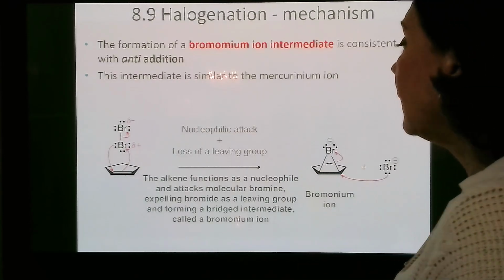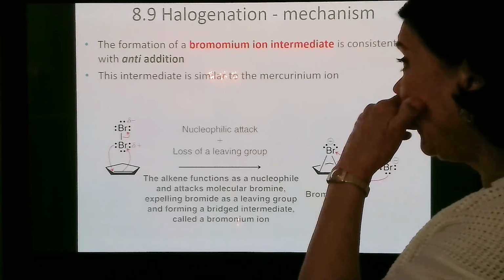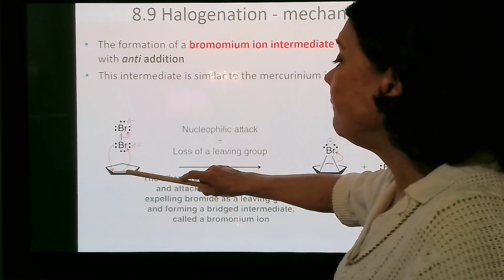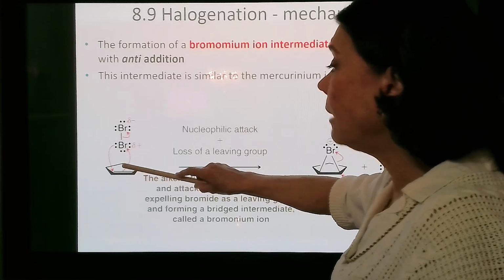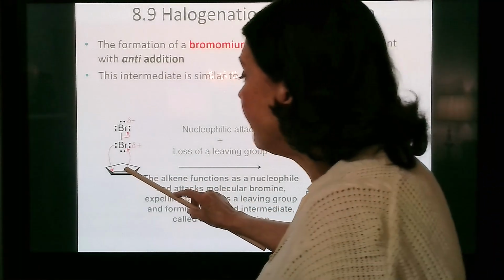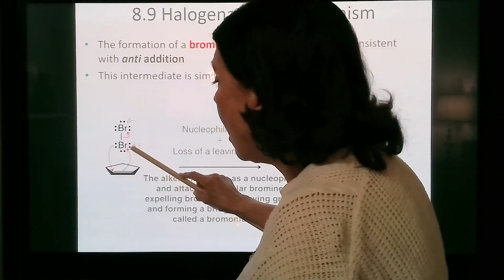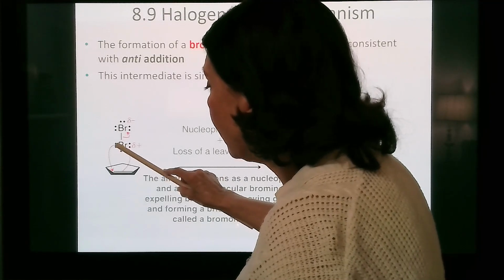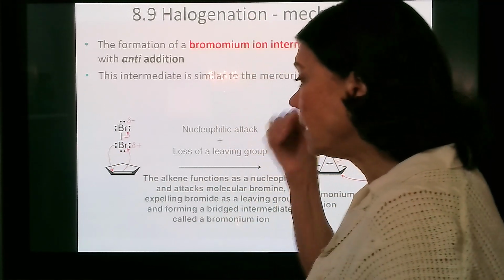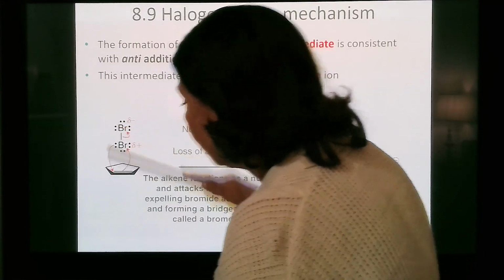So now let's look at why you only see anti-addition. Once again, you have the double bond coming in, polarizing the bromine, and you have then attack on bromine, and the pair of electrons moves back in and attacks the other end of the double bond, and you have simultaneous loss of bromide.